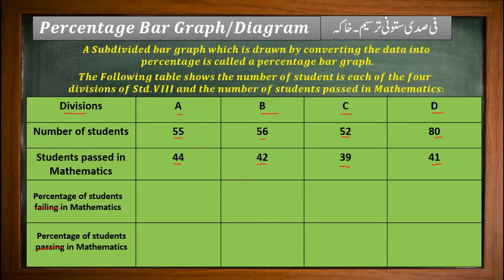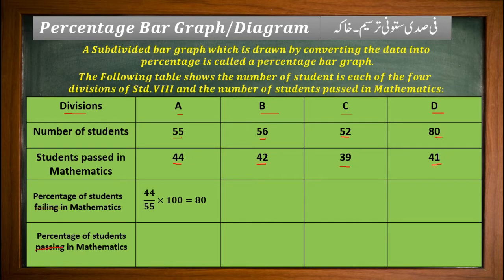So here is 44 upon 55 into 100, so the percentage is 80 here.